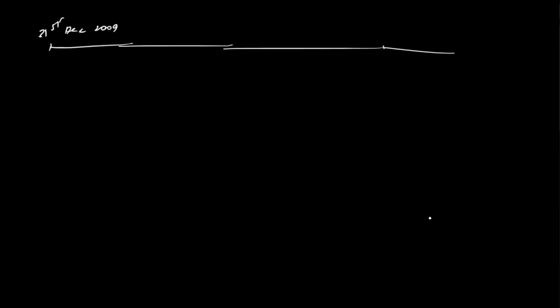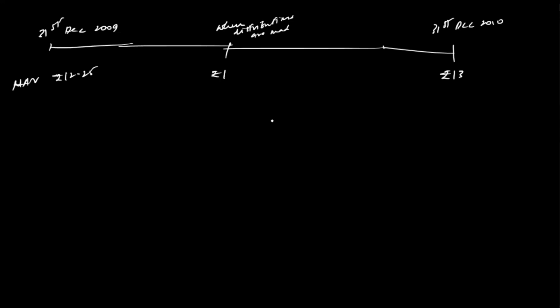December 2009, when distributions are made, and this is 31st December 2010. What is the NAV? NAV at this point in time is 12.25 and here it is 13 and they are reinvested at 12.5.